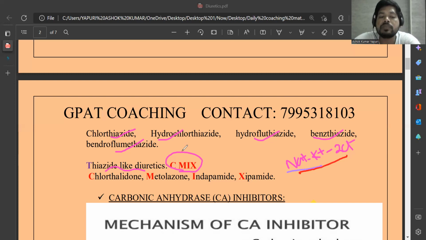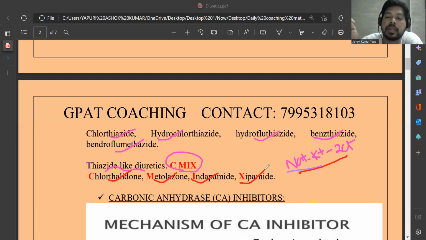Examples of these thiazide-like diuretics are chlorthalidone, metolazone, indapamide, xipamide. The thiazide-like diuretics are preferred over thiazide diuretics because of long duration of action. So the thiazide-like diuretics are preferred in the treatment of hypertension because of long duration of action compared to the thiazide diuretics.